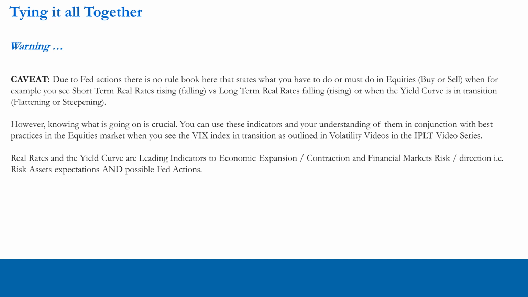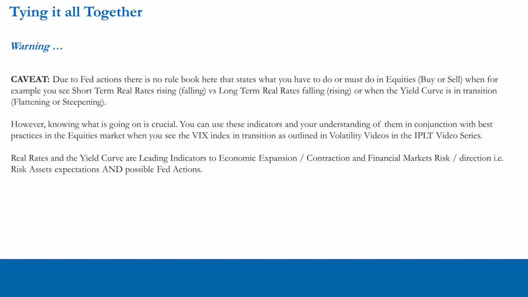Real rates and the yield curve are leading indicators to economic expansion and contraction, and also financial markets risk and direction of risk asset expectations, and even possible Fed actions. So again, they're great indicators, but we have to have a caveat on this. The Fed can act. The Fed is looking at what we are looking at. So there is, unfortunately, no rule book.